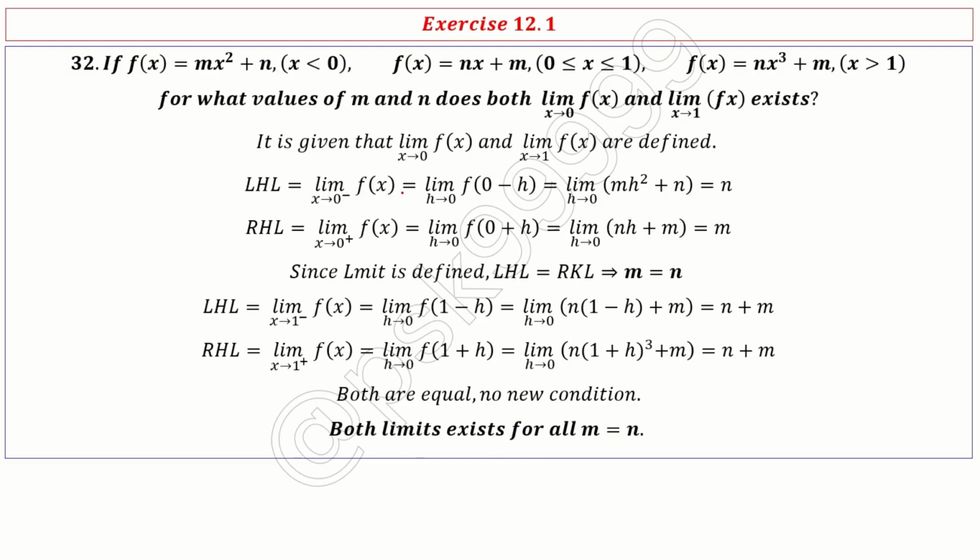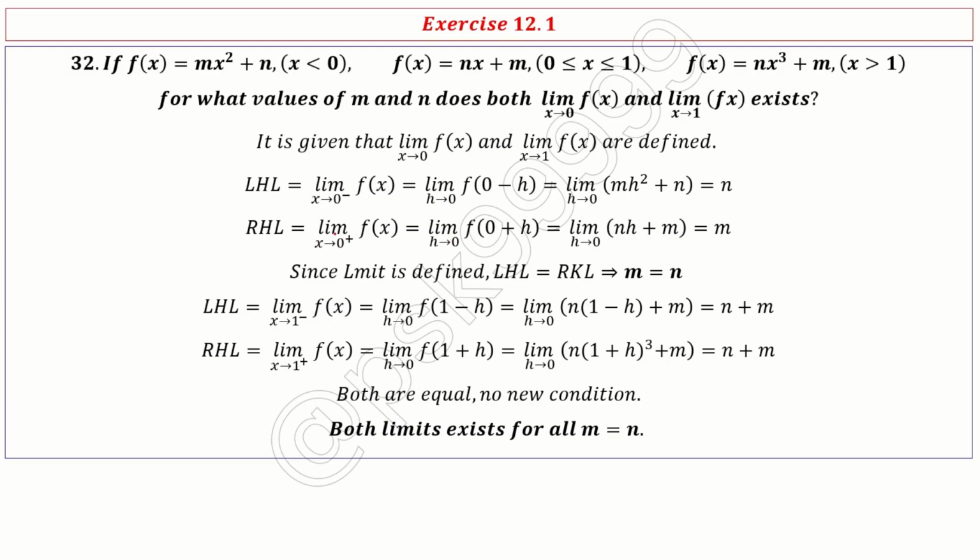So we should take m x square plus n, correct? I will write it as the limit as h tends to 0 of m h square plus n. Now h is 0, if I substitute, it is n.